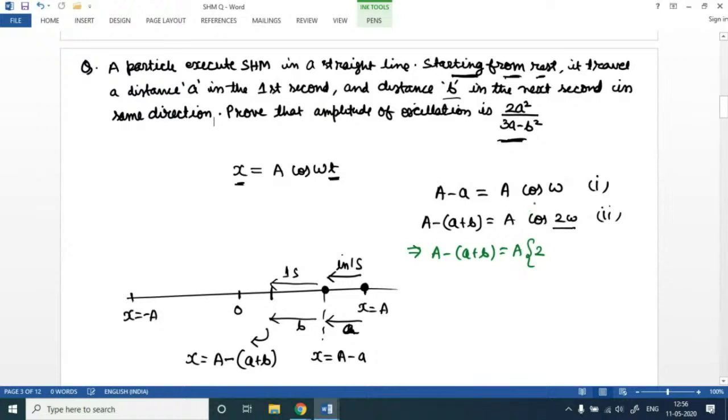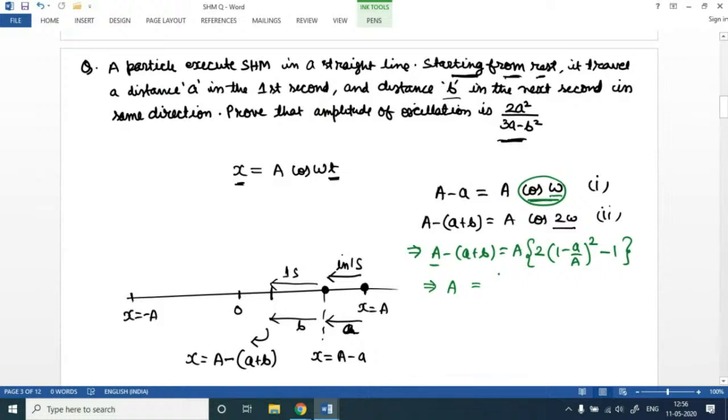And here cos omega is nothing but 1 minus a by A. So solving this equation, 2 cos square omega minus 1, will directly give you A, because we have eliminated this omega.